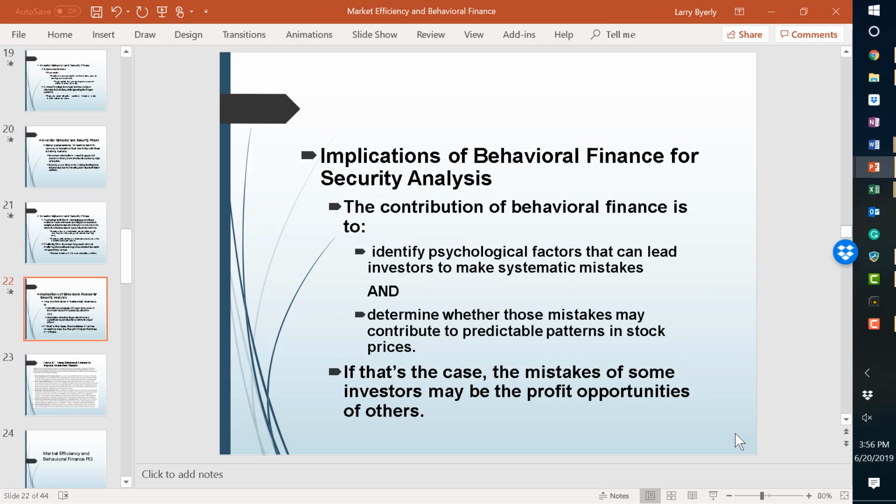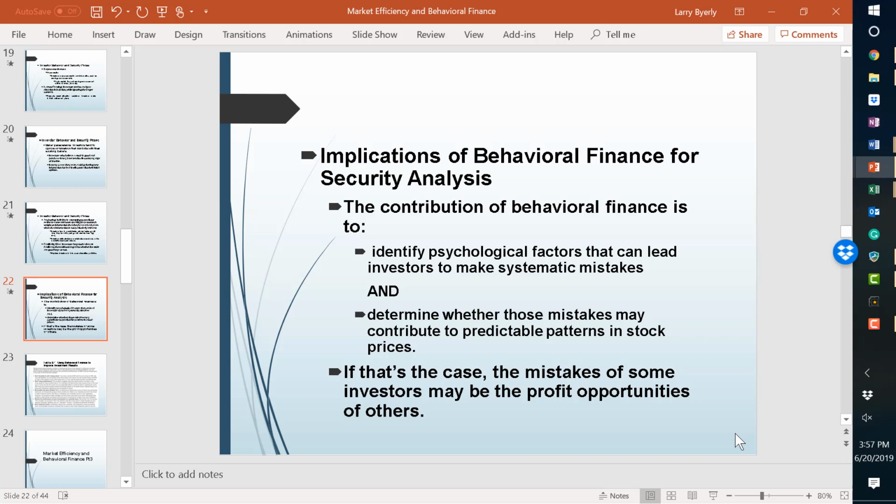So the contribution of behavioral finance really is to try to identify those psychological factors that lead investors to make systematic mistakes. And then, obviously, determine whether those mistakes contribute to patterns that we see in stock prices. If this is the case, the mistakes of some investors may be the profit opportunities of others.